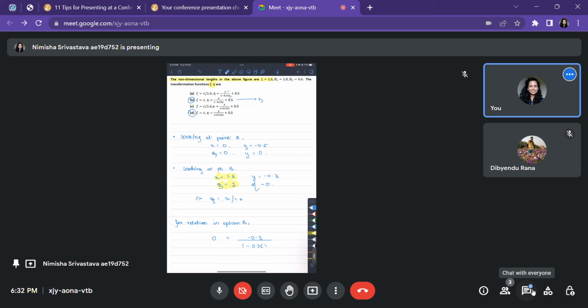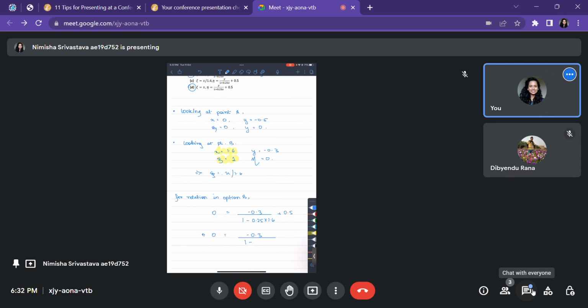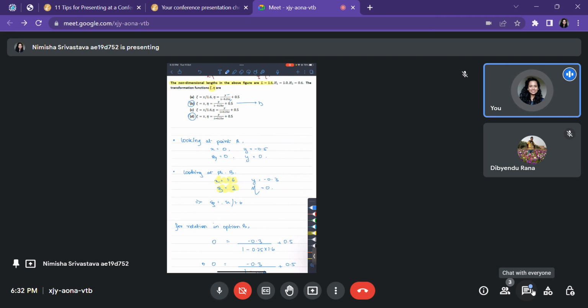What is my x? It's 1.6, plus 0.5. So evaluating this, I'm getting minus 0.3, and 0.4, and then plus 0.5. So then I have minus 0.5 plus 0.5, which is equal to 0. So this relation seems to be correct for at least point B.